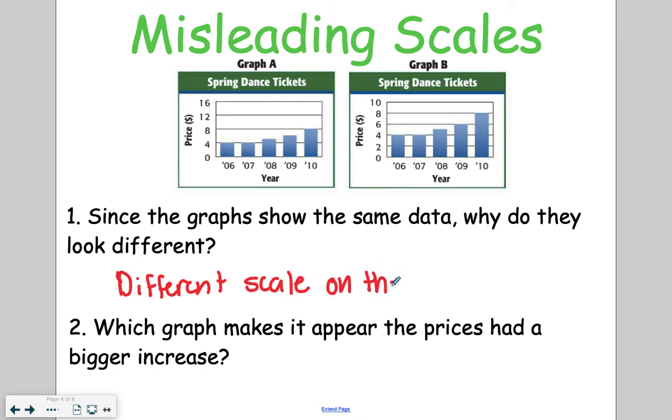So we are counting by different values. In the graph on the left, we're counting up by 4s. In the graph on the right, we're counting up by 2s. So it's giving you the same information, but just in a different way. So the second question then becomes, which graph makes it appear that the prices have a bigger increase? The answer for this would be graph B. It looks like the numbers are higher. They look bigger because the scale is different.